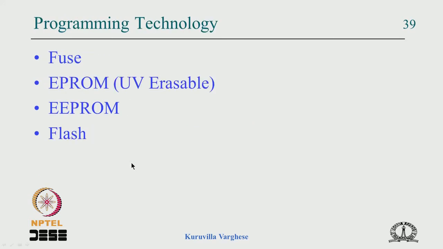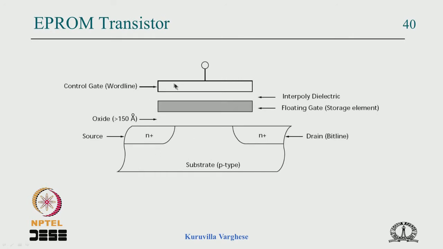And we have looked at the programming technology, the EEPROM transistor, and how the transistor is used as a switch. In the normal case it acts as an N transistor. When charges are trapped here, the gate has no control, so it is switched off, and we build the AND gate with this kind of transistor.